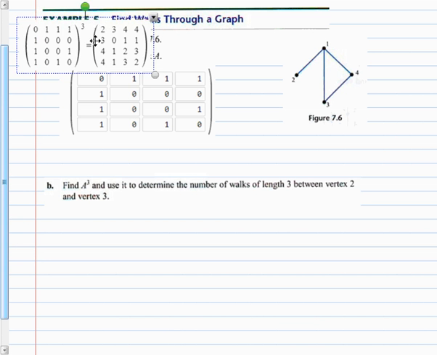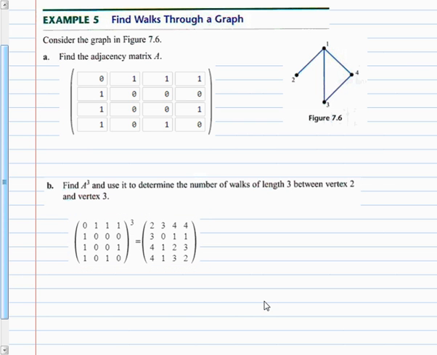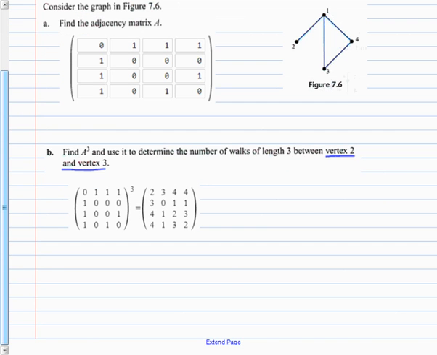And now we have to answer a question. They say, determine the number of walks of length 3 that go between vertex 2 and vertex 3. What's the answer to that? 1. Between 2 and 3.